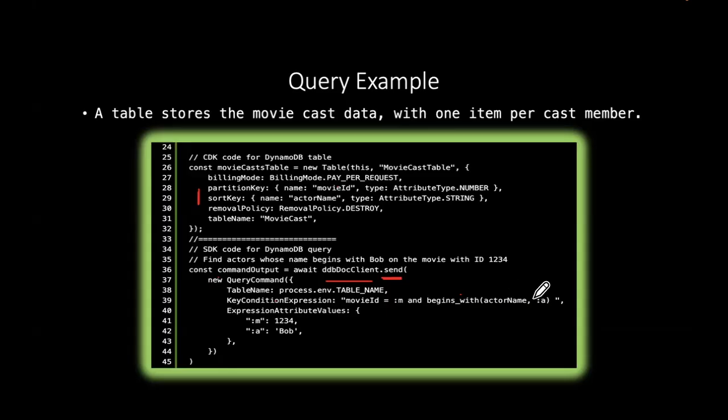Where does this get its value? Down here. So I'm only looking for actors whose name begins with Bob for movie 1, 2, 3, 4. Actor name here is the sort key up here.